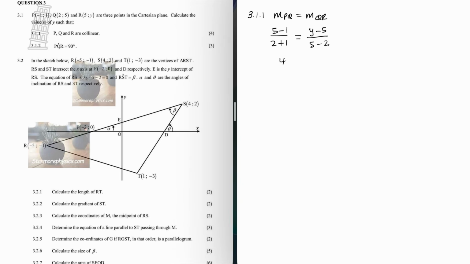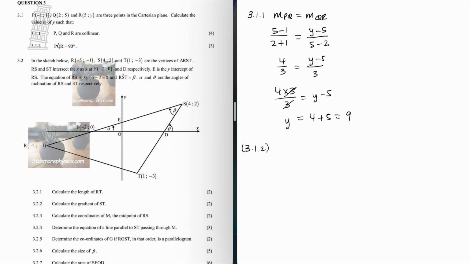So 4 over 3 is equal to y minus 5 over 3. Now we can cross multiply here: 4 multiplied by 3 over 3 is equal to y minus 5. The 3's cancel. y is equal to 4 plus 5, which is equal to 9. Let's take a look at 3.1.2.